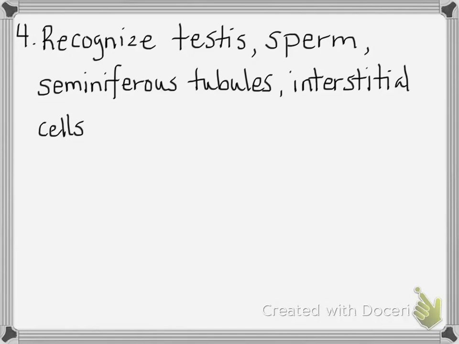Testes. What would be the whole donut-shaped structure? Seminiferous tubules. So everybody check out how men make their sperm in tubes. Do women make their eggs in tubes? No, we make them in solid organs. Our ovaries are solid organs. But testes have tubes inside of them. They're tubular.